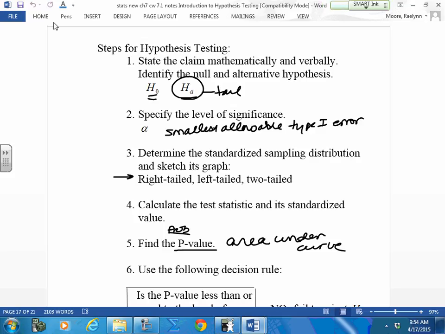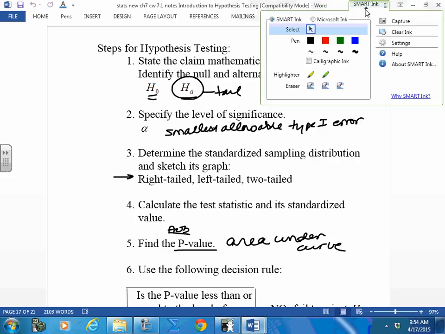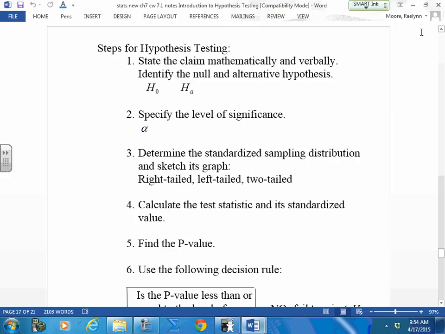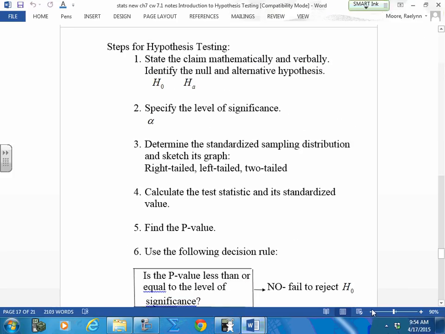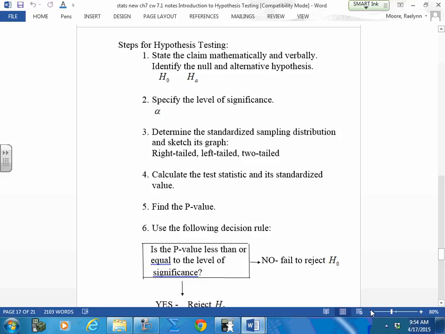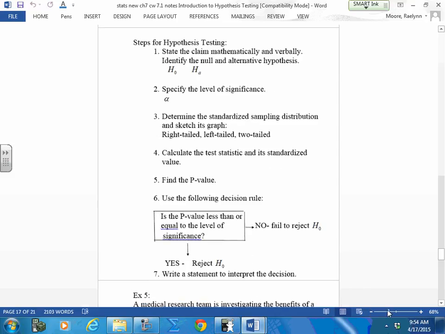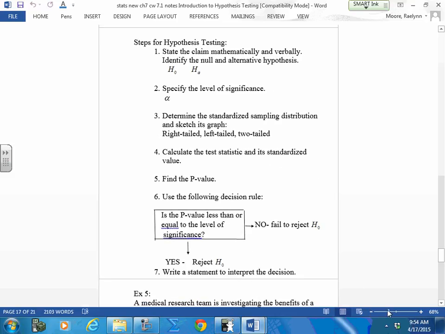Then we're going to use the following decisions. If we're testing using a p-value, we're going to test the p-value against the level of significance.